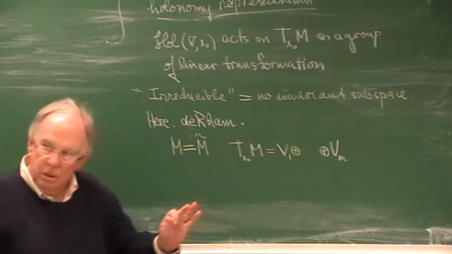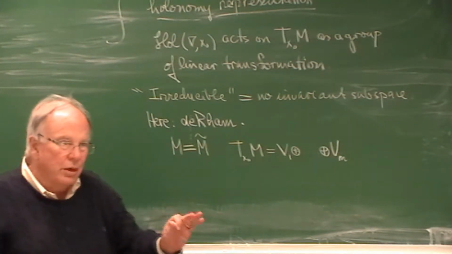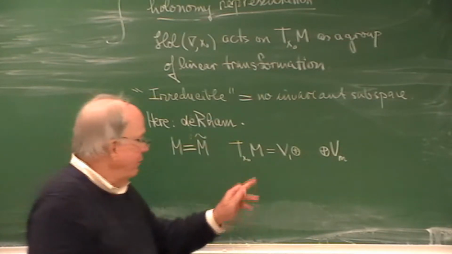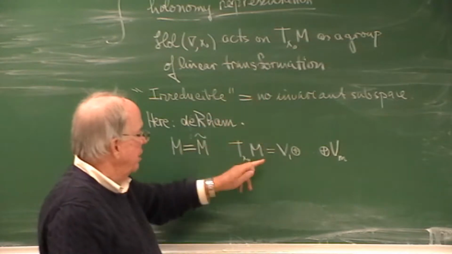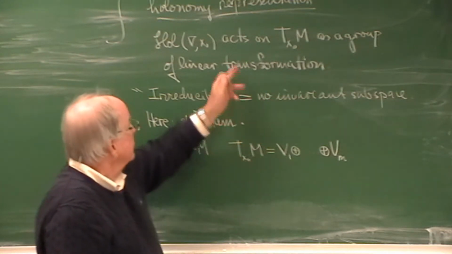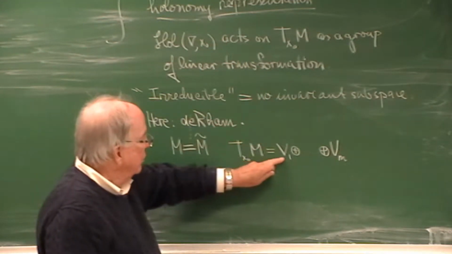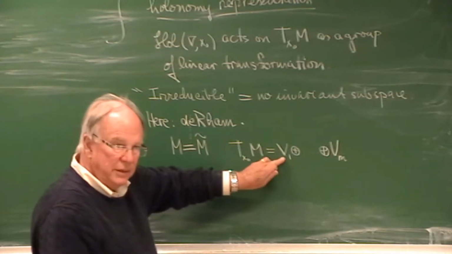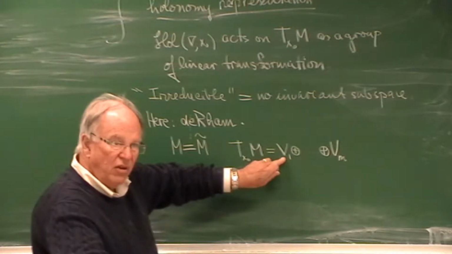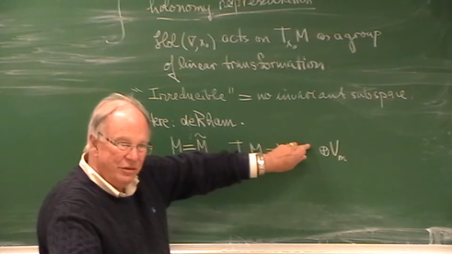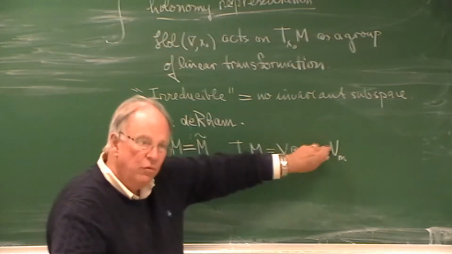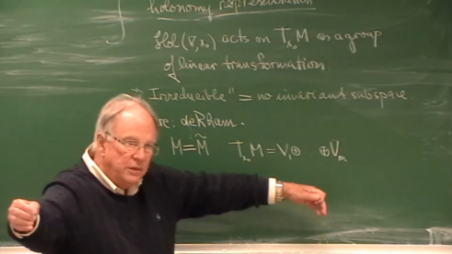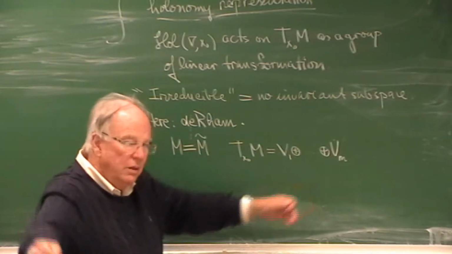So this requires a little thought, but not much. If you have this representation, the holonomy is compact because it's a Riemannian metric. So if it stabilizes a subspace, it stabilizes the orthogonal complement. So then you have a direct sum between the subspace and orthogonal complement. Then you might have some more and more and more. So you break this up until you're finished. Okay?